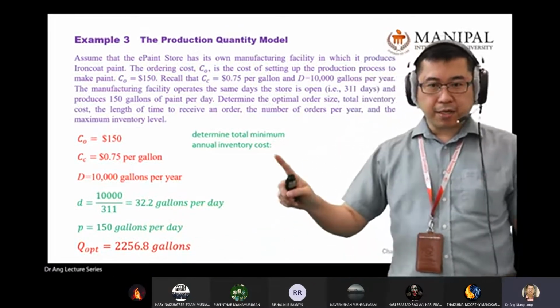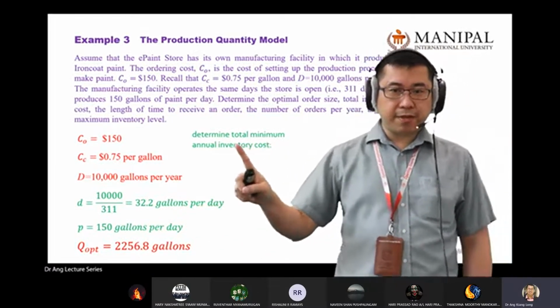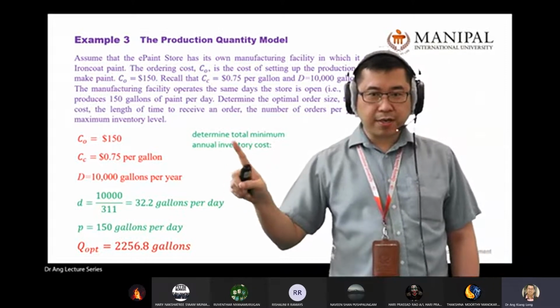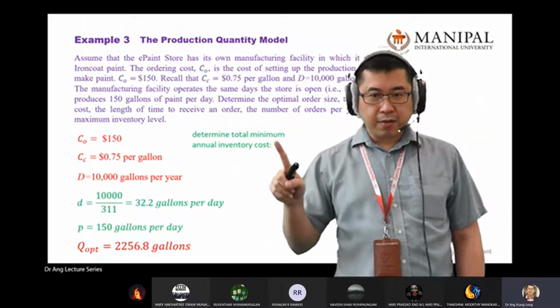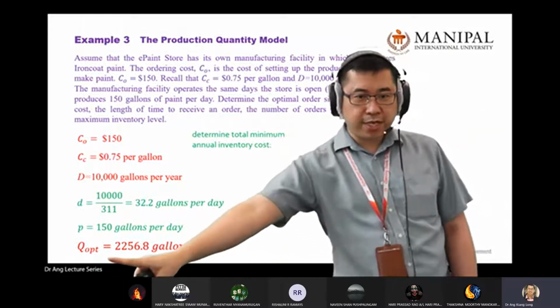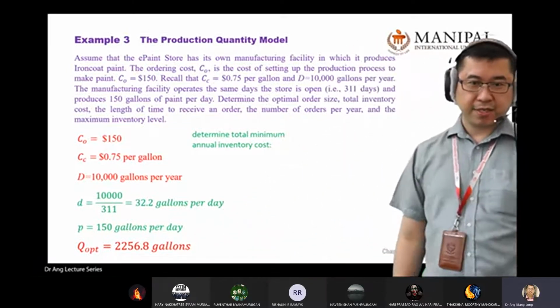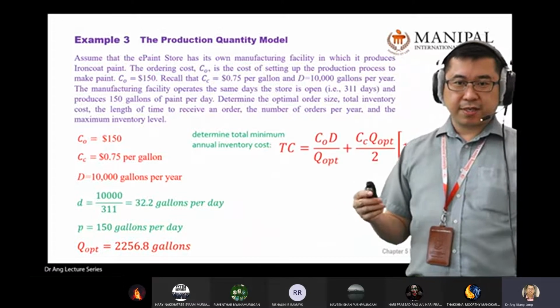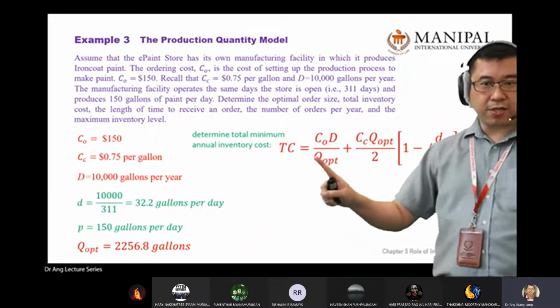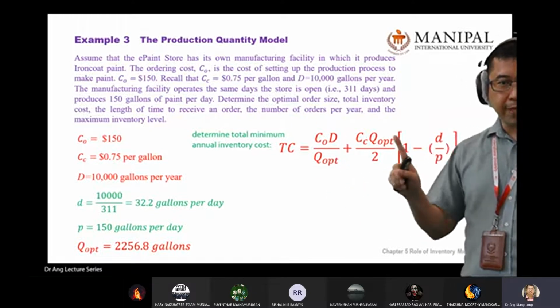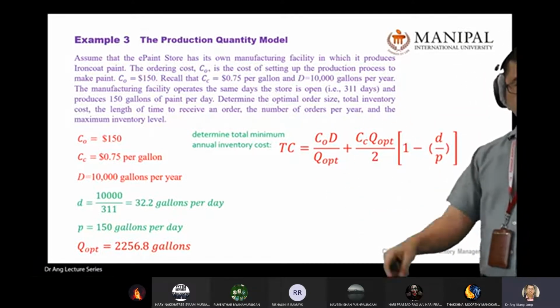Determine the total annual inventory cost minimum. Why the word minimum here? Because you're using Q op. So you modify the equation a little bit. The total cost is the ordering cost component plus your carrying cost component.